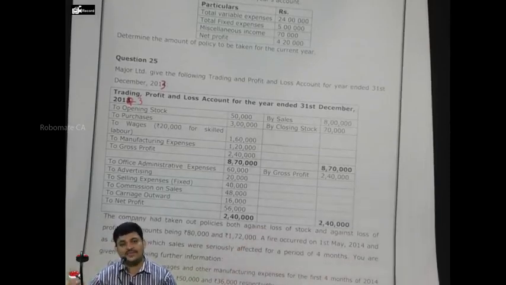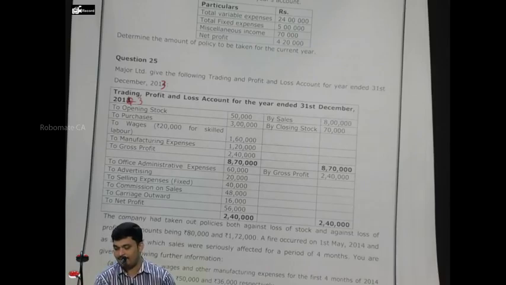It's not a single policy giving both, different policies. Correct? Okay. Fire occurred on 1st of May 2014. They are following calendar year. So the previous year is 2013 and fire occurred on 1st of May 2014. Correct? Everybody? Yes, sir.